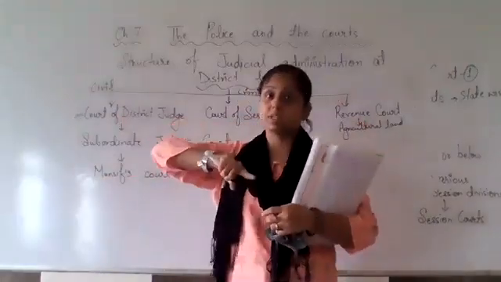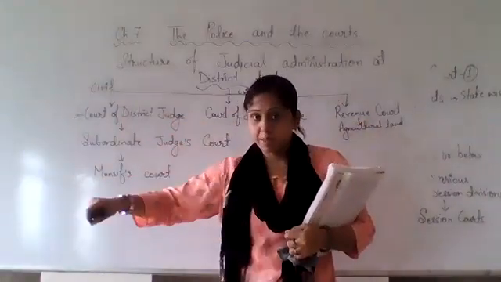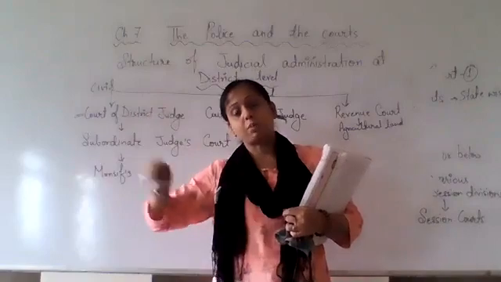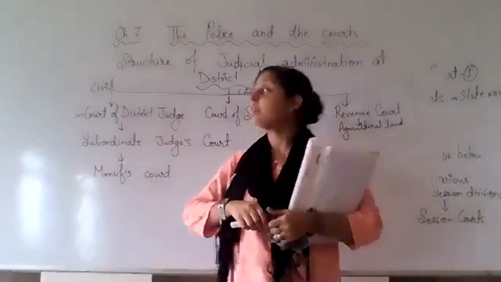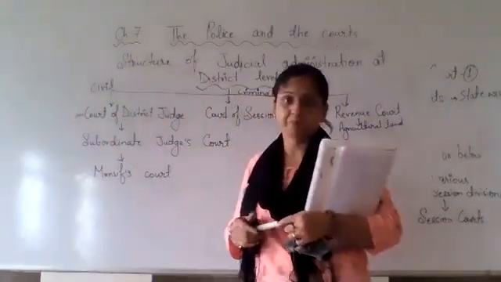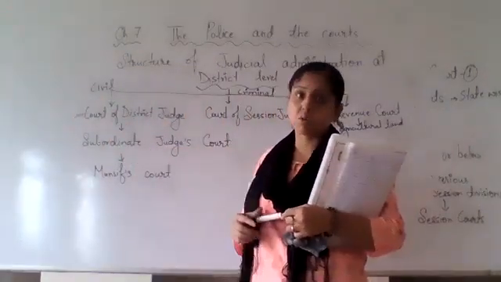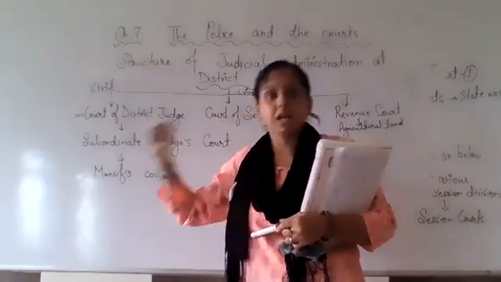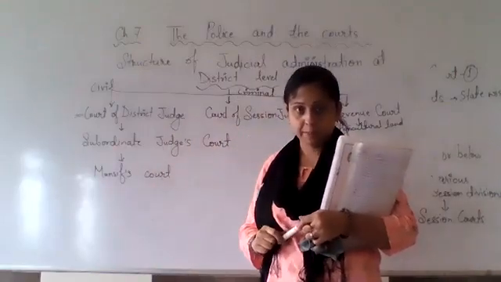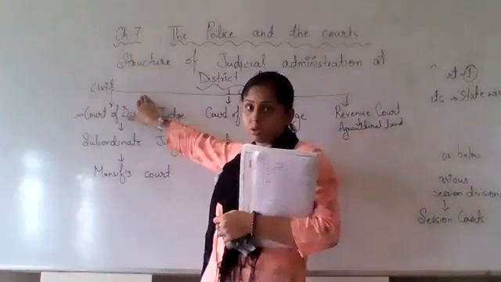So here, my house has been captured and I want my house back with compensation. So I will go to civil court, because I need money. I don't want that person to be punished. Okay? So I will go to civil court.